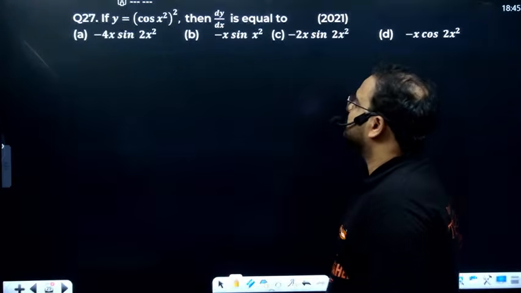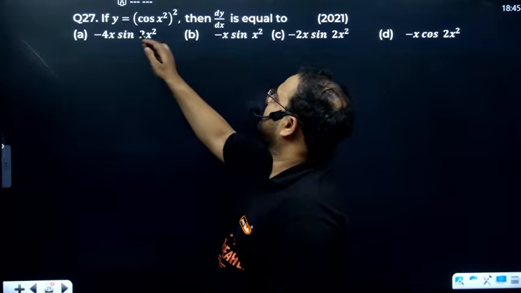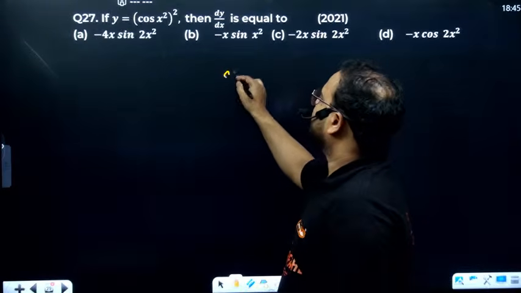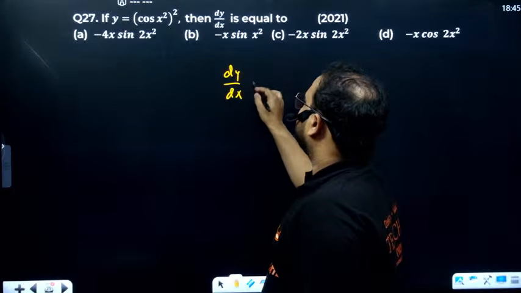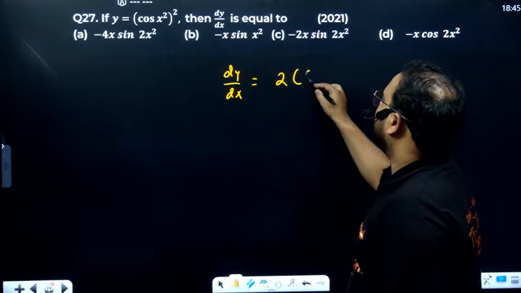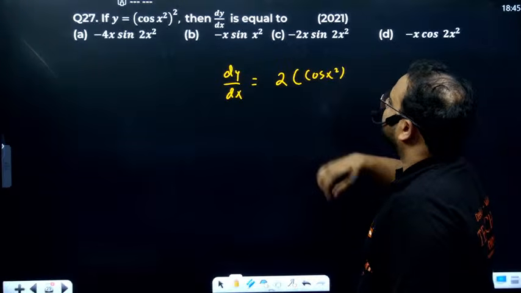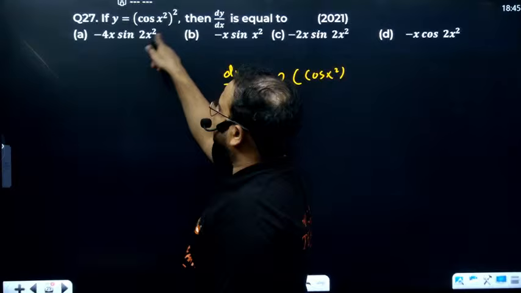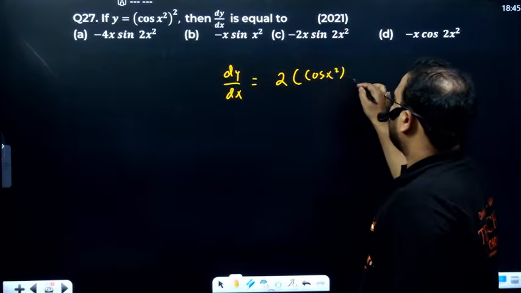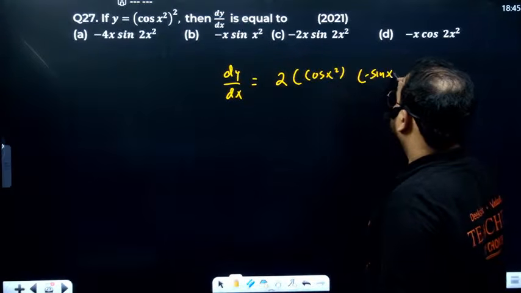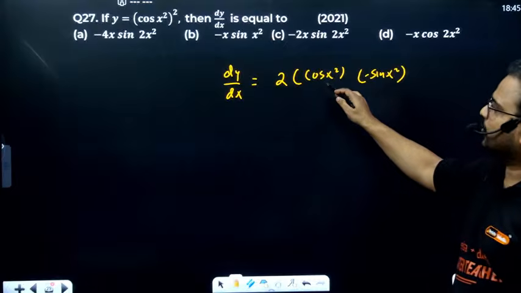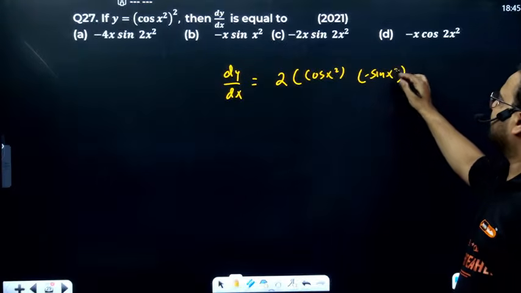If y equal to cos x square, the whole power is there, right? I want to find derivative. Differentiate, you'll have 2 cos x square. That's the polynomial differentiation. Derivative of cos will be minus sine x square, and differentiate x square now.